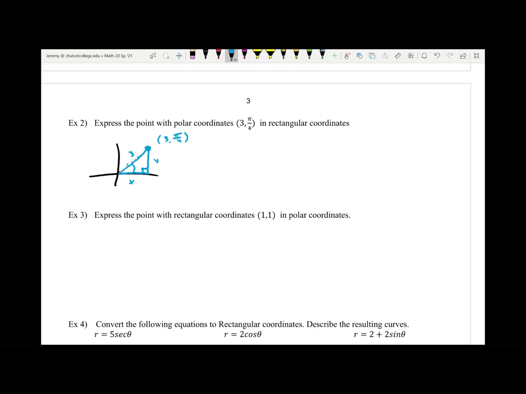I'd make a little right triangle picture just because I don't particularly like memorizing formulas. And by looking at this, I can just think, oh, okay, cosine of theta is going to be equal to x over 3. Right, multiply both sides by 3.